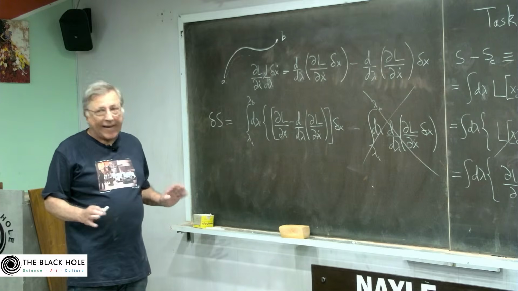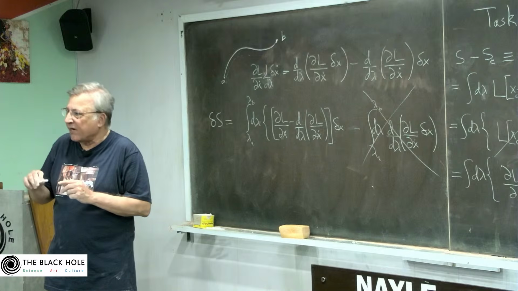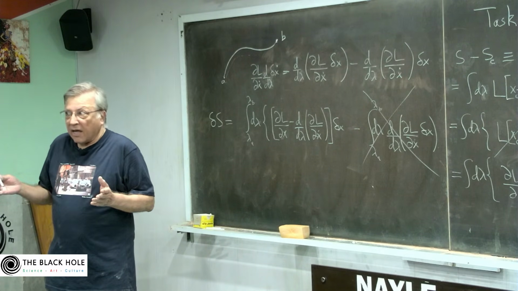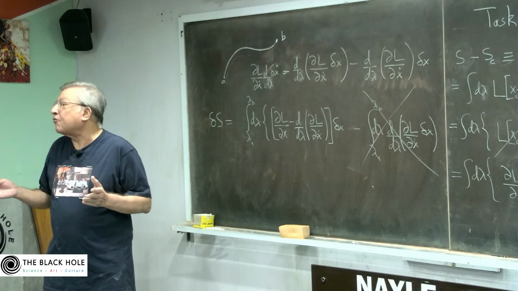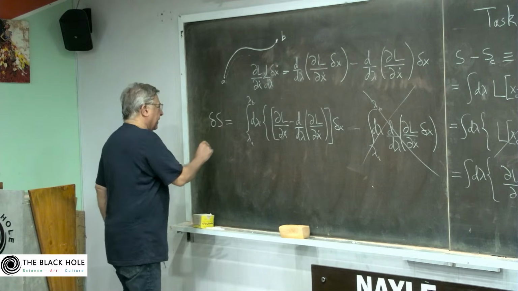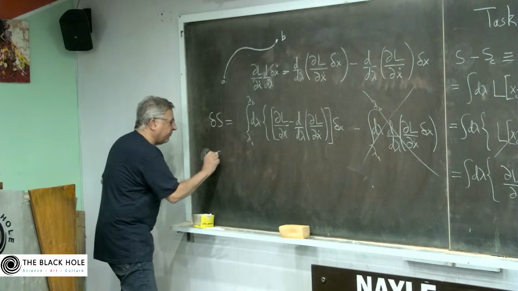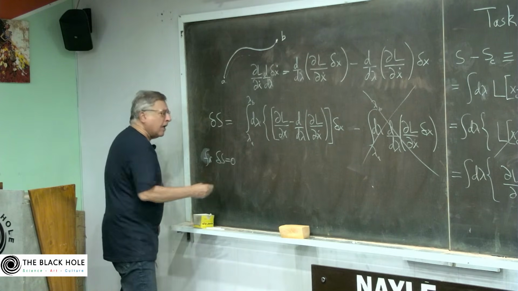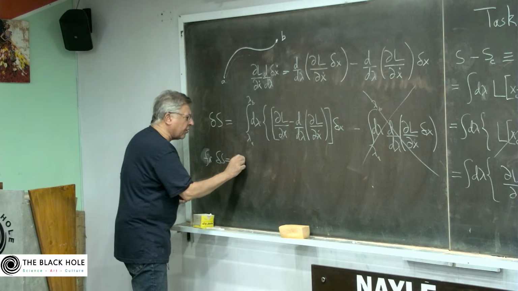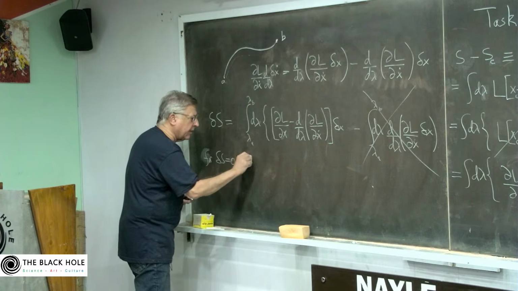Now, delta s was the small shift in s when we went from one path to the other, and it has to be 0. Now the only way for delta s equal to 0, when I say 0, I don't mean 0, I mean 0 plus order delta x squared.